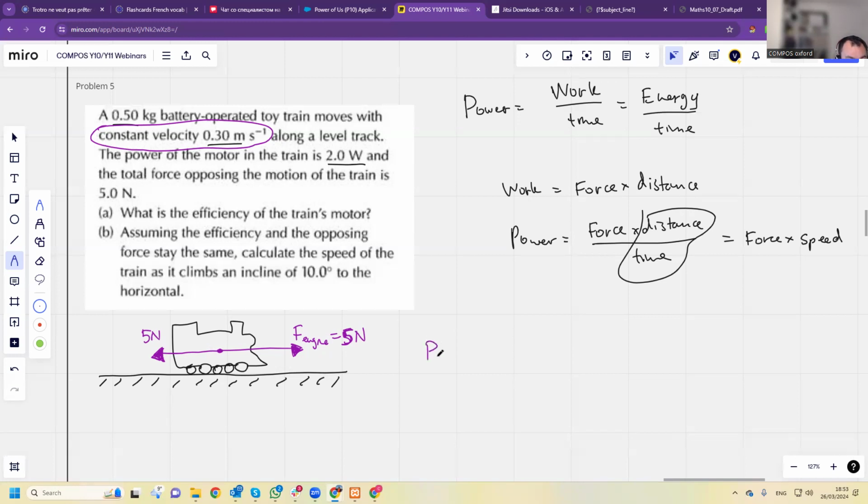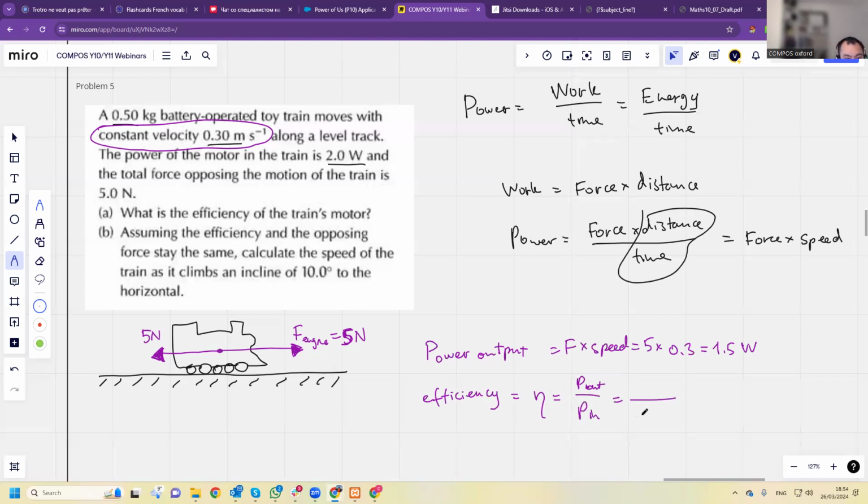So the power output is force times speed, which is 5 times 0.3, which is 1.5 watts. So efficiency, which is eta, the Greek letter eta, is the power out divided by power in.